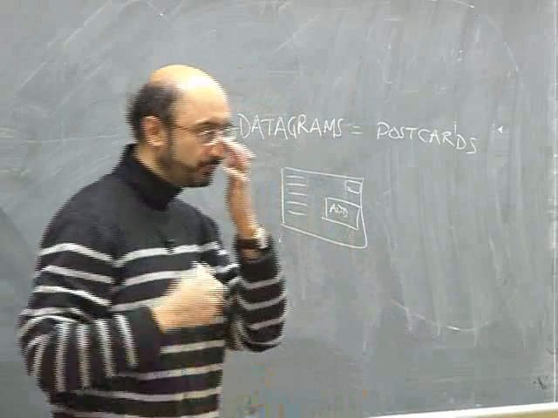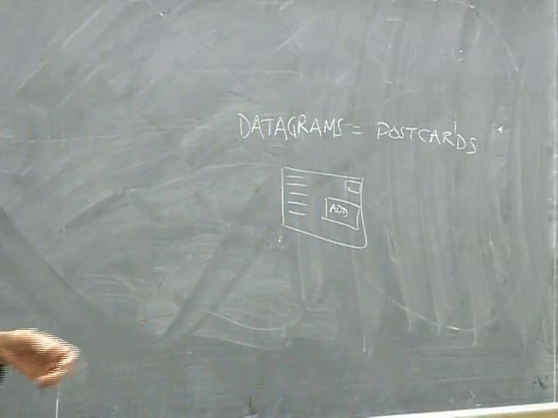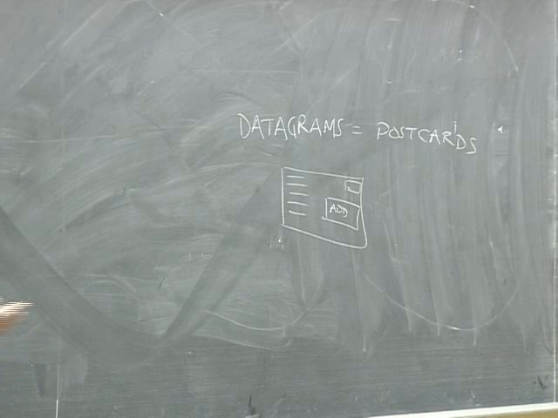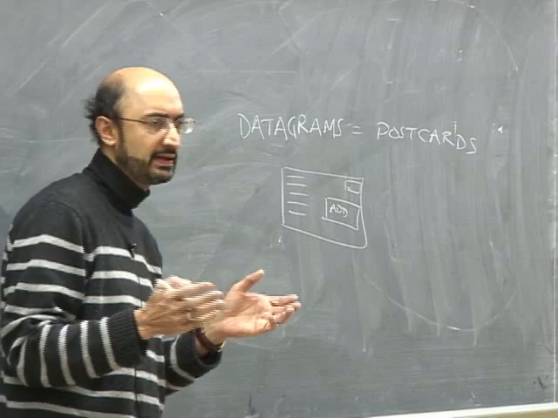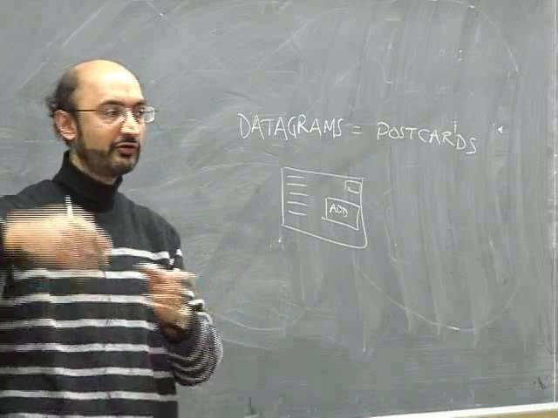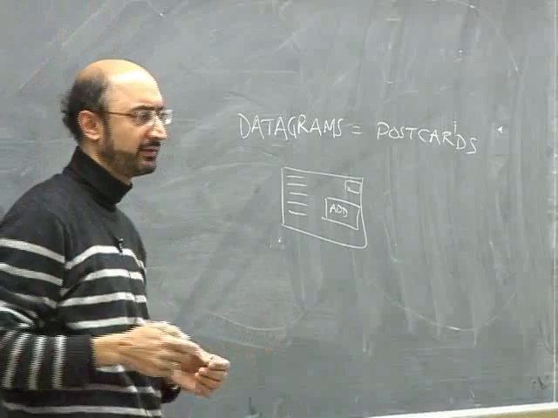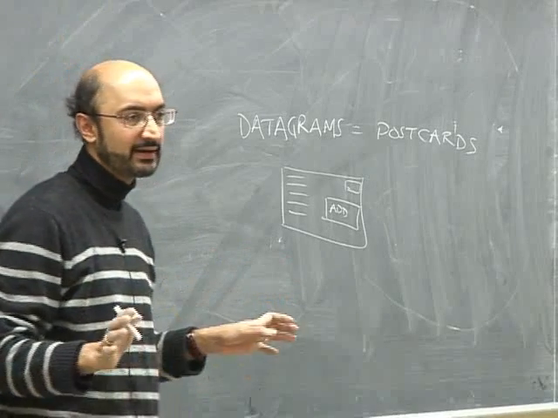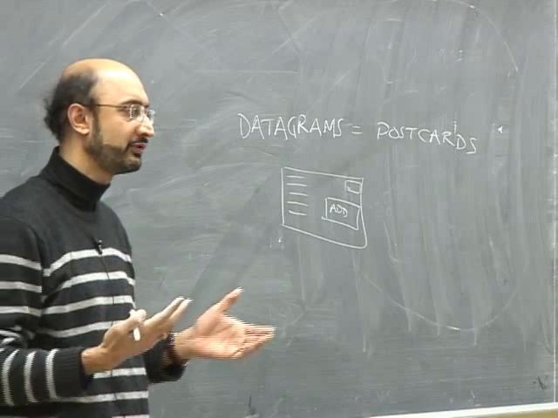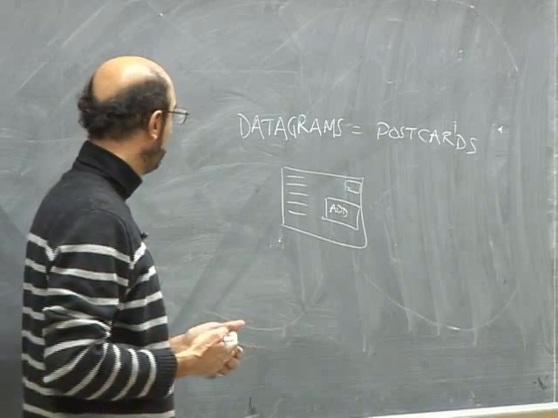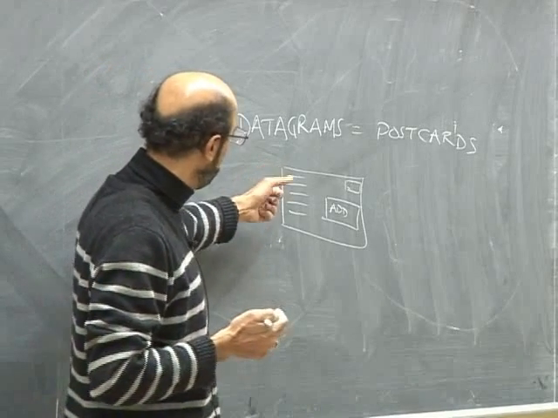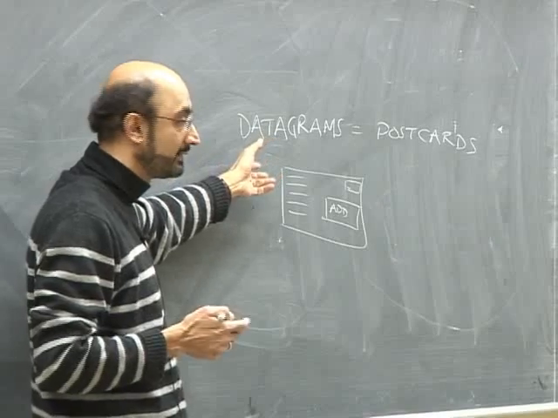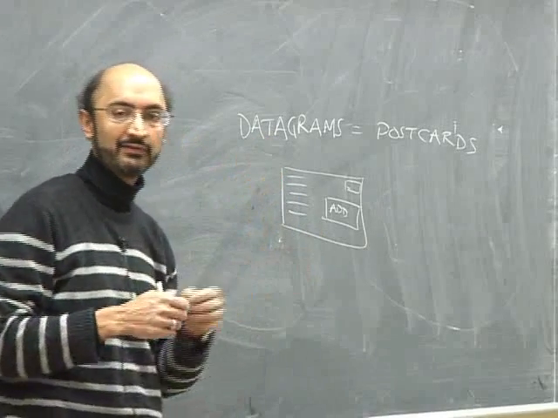And you put it into the postal network, and it makes its way to the destination. It doesn't matter how it gets to the destination, but basically it gets there. And most importantly, let's say your datagram, your postcard, gets lost somewhere and shows up in some part of the world accidentally. It gets teleported to some part of the world. Doesn't matter. It'll still get to the destination. Everybody knows what to do with it, right? So everything you need to know about how to deliver it is contained in the datagram itself, in the destination address.